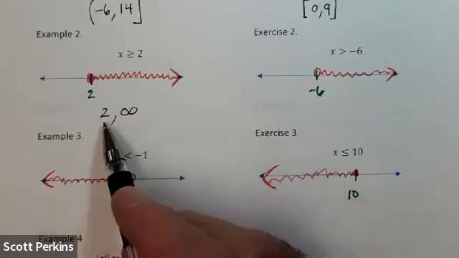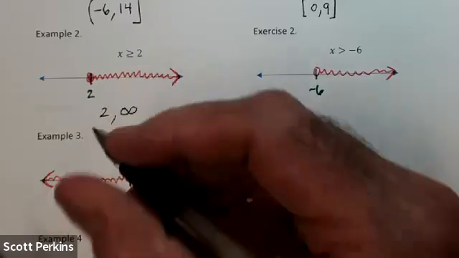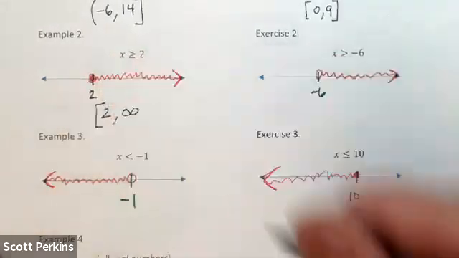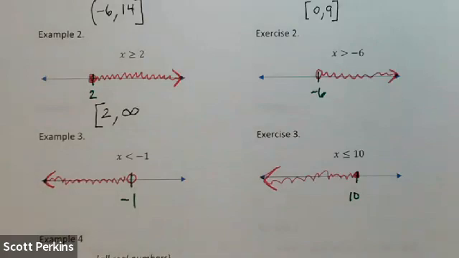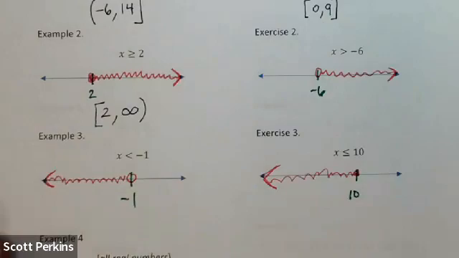Now on this one, what am I going to put at the 2 end of this? A bracket, because of the equals. Now what you put at the infinity side does not depend on the sign at all. You always put the same thing on the infinity side no matter what, because infinity is a direction, it's not a destination. You never get to infinity. So because of that, you will always and every time use a parenthesis on the infinity side.